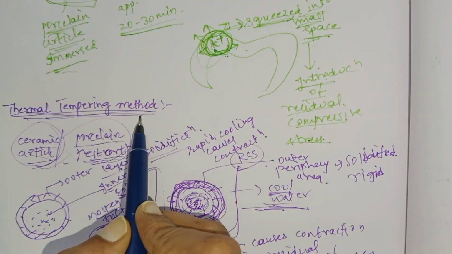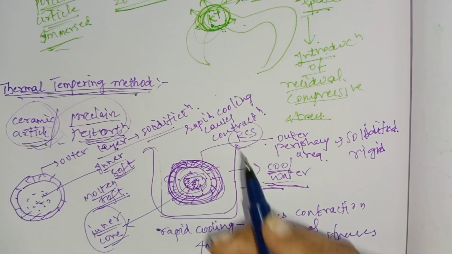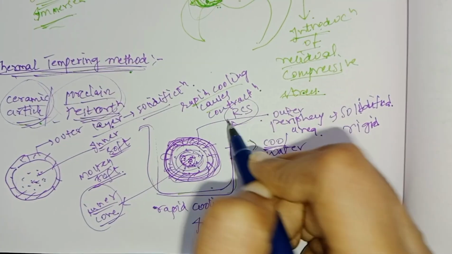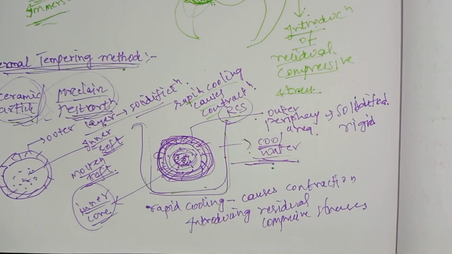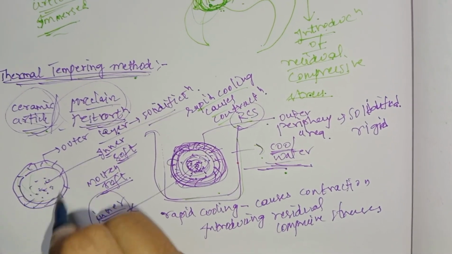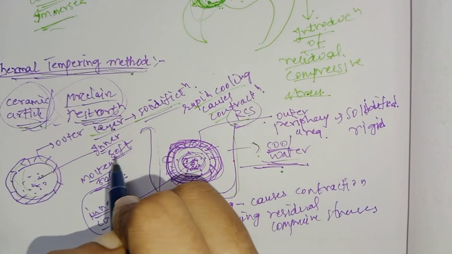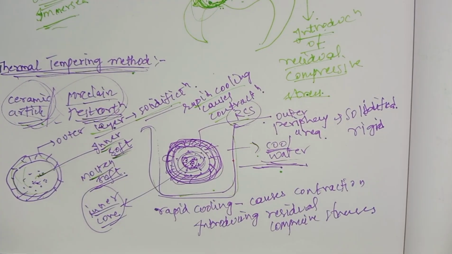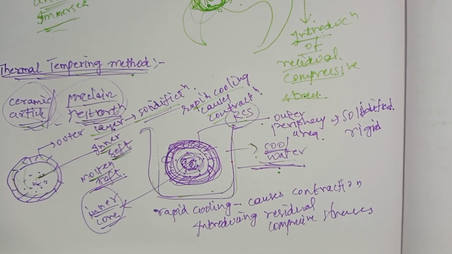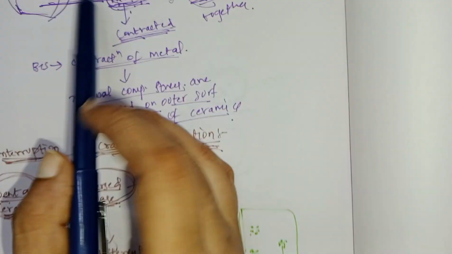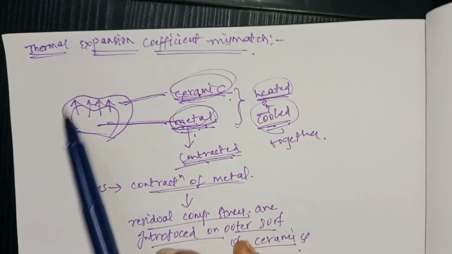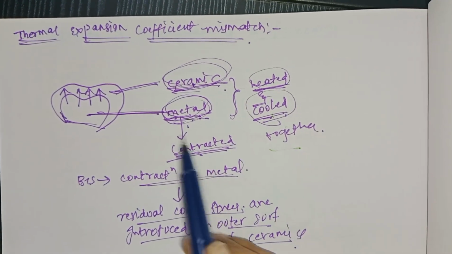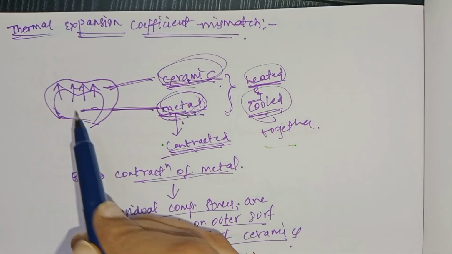Next one is thermal tempering method. Here, when the ceramic article or porcelain restoration is introduced into cool water, it gets rapidly cooled. Rapid cooling causes the introduction of residual compressive stresses, where the outer layer solidifies whereas the inner core is soft and molten. Next, thermal expansion coefficient mismatch, where ceramics and metal, when heated and cooled together, the metal contracts much more than the ceramics.